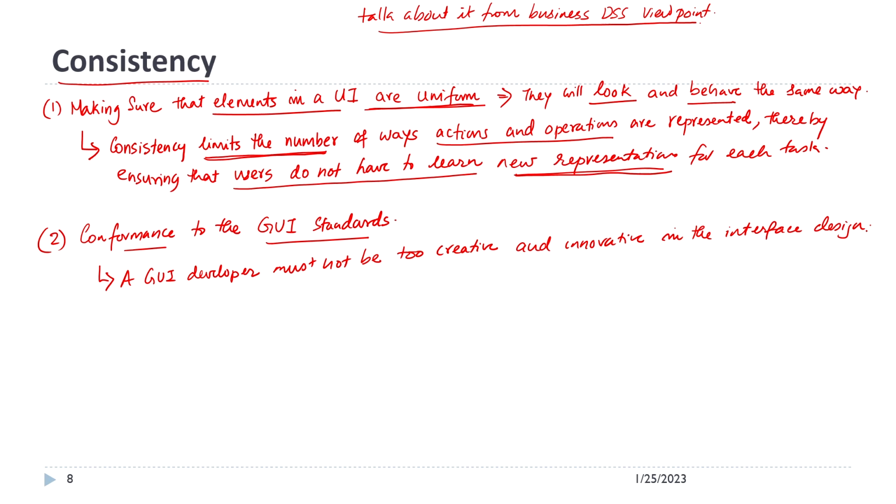This is the critical aspect. Shouldn't overdo it. So, rather than violating the standards and doing something else in the name of being innovative, try to conform to the GUI standards.